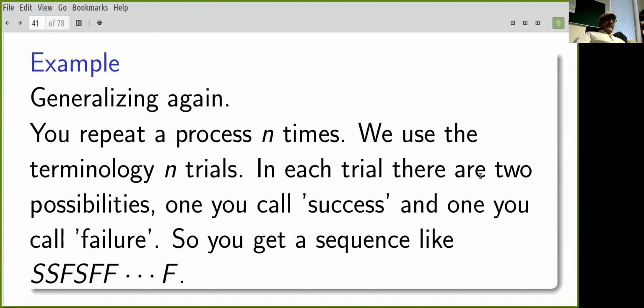So for example, we might want to induce a disease in a lab rat. We stick a needle in and we try to do that. Not every lab rat will get the disease every time. So inducing the disease might be called the success, and not inducing the disease might be called the failure.